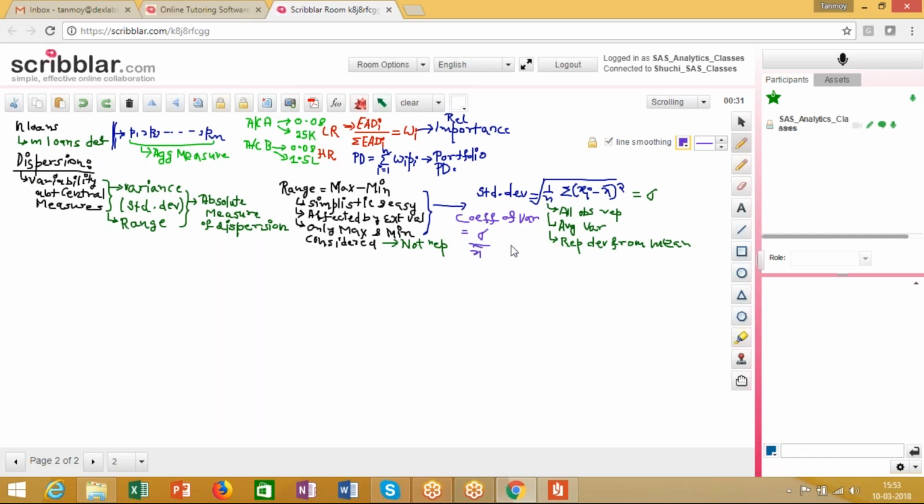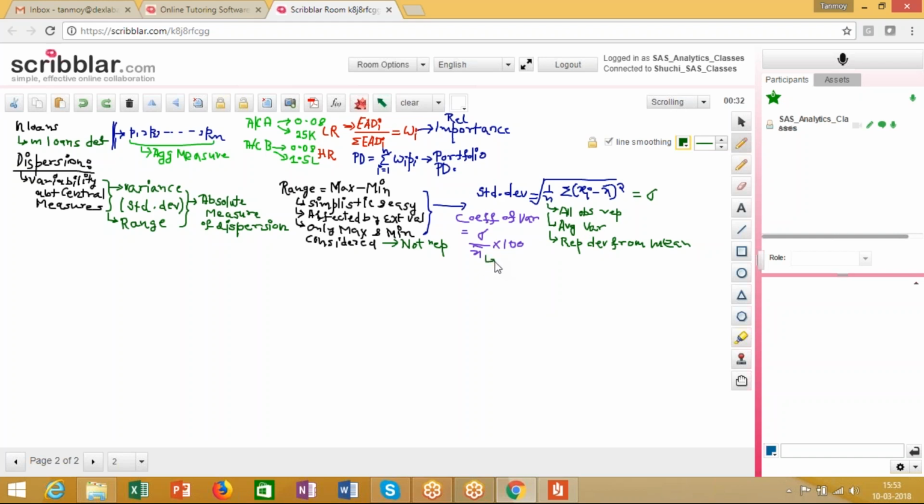When I write x bar, I simply mean the arithmetic mean, into 100. What the coefficient of variation tries to do is understand how much is the variation relative to the mean, and hence it is a relative measure of dispersion.